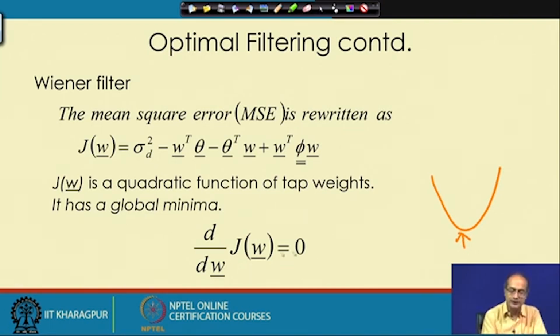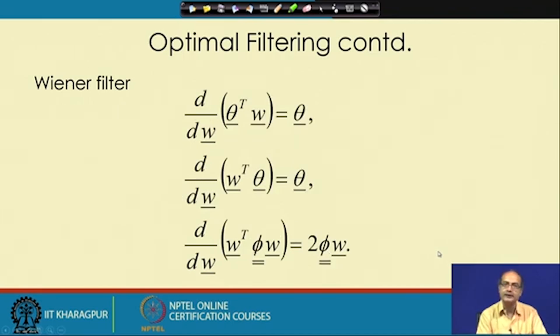So, we have to take the derivative of the objective function J(W). Let us now proceed with that and see what terms we get. First, we take the derivative of the term involving theta transposed and the weight.